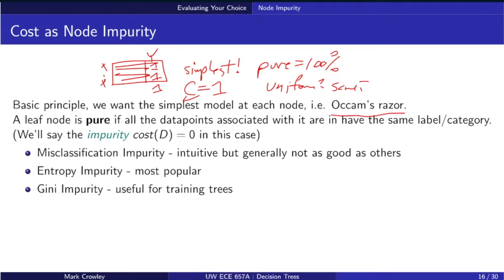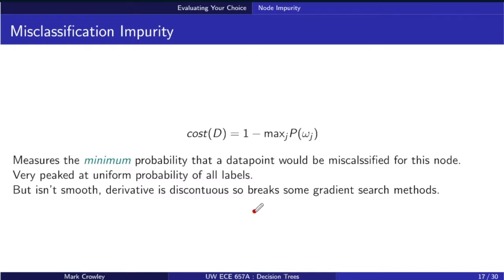We have 3 main ones we talk about here. Misclassification impurity is just saying you're having a probability of whether you're going to misclassify a data point.